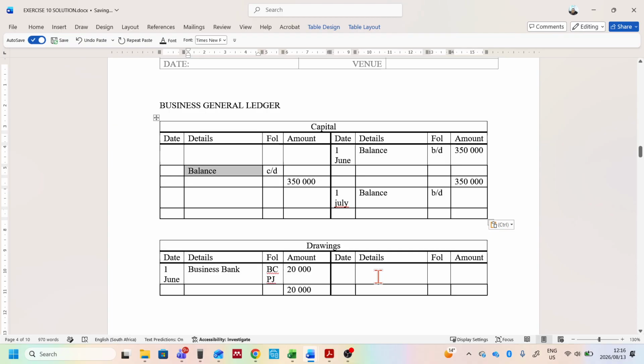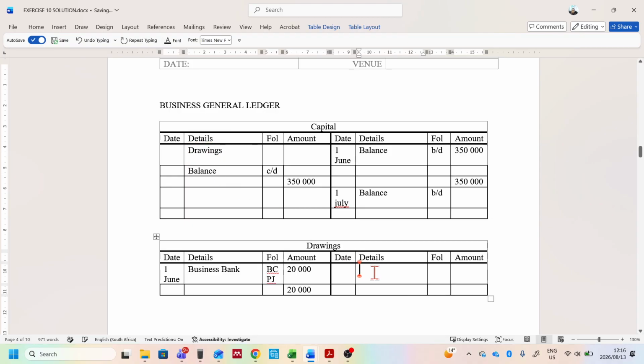So when this is closed off, you do the opposite of this account. This account is supposed to be what? Debited. So we credit it to close it off. And we debit what? Your capital account, to transfer the amount to the capital account. So this side on your capital account, it will come and say drawings.